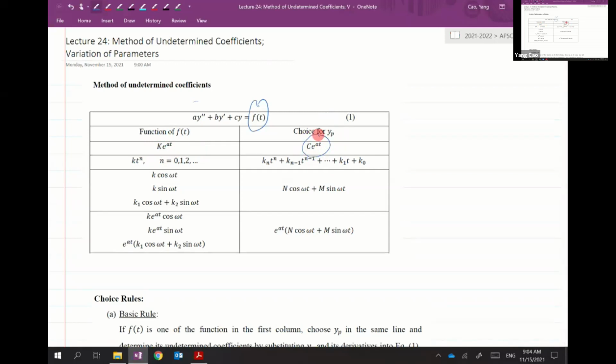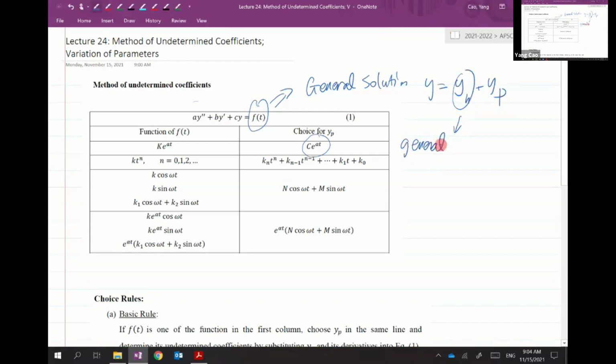If you recall, the general solution is y equal to YH plus YP, where YH is the general solution to the homogeneous equation.